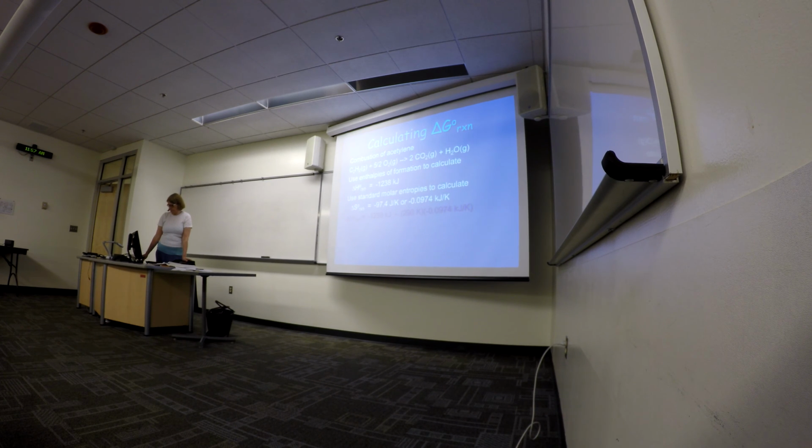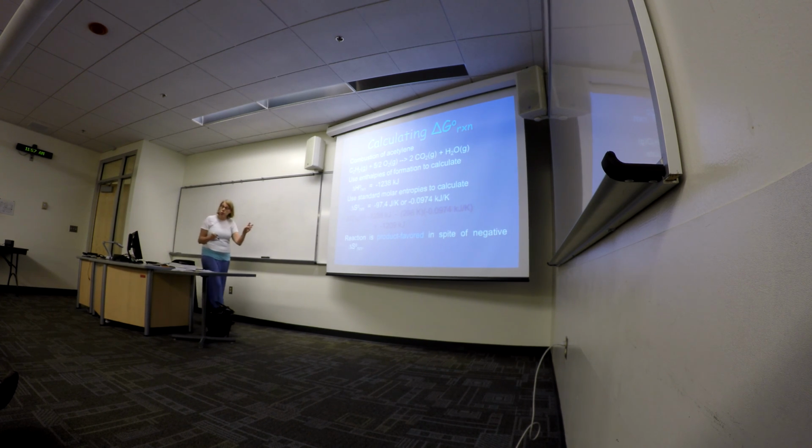The answer is negative for delta G, and for the next example it was negative 6.7. So is that how we tell if it's entropy or enthalpy? What you're asking about is that we did those slides with general numbers, positives and negatives, but here we have actual numbers.